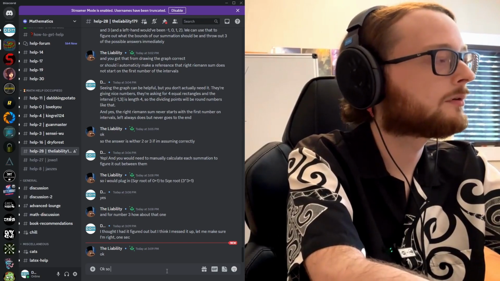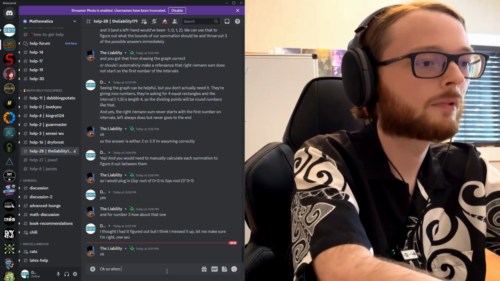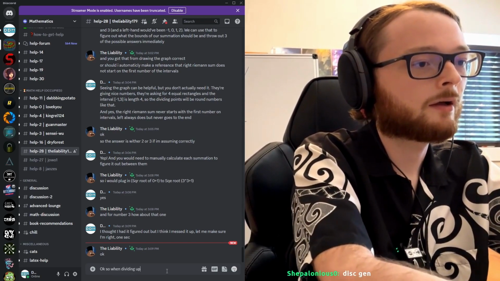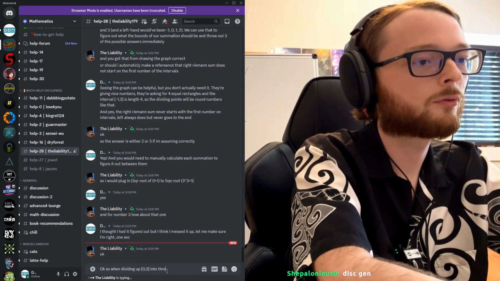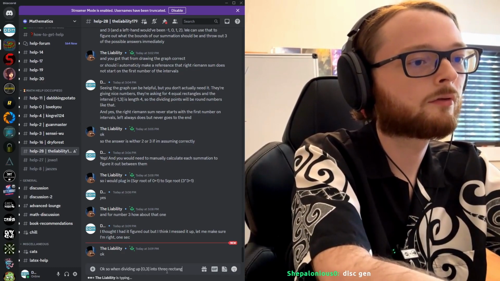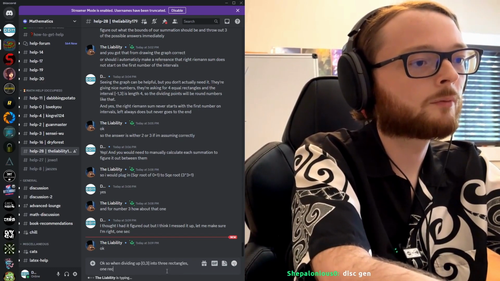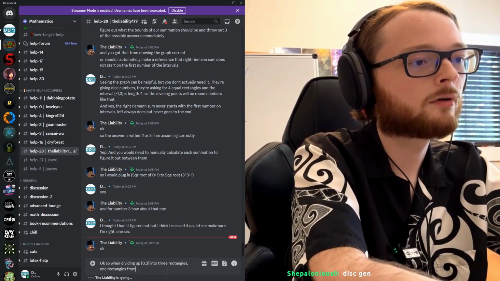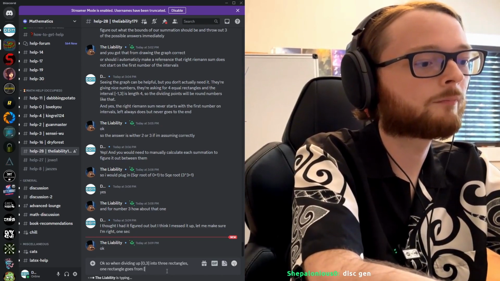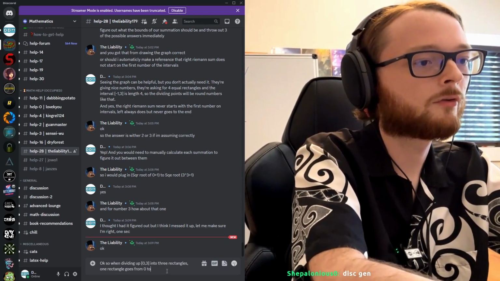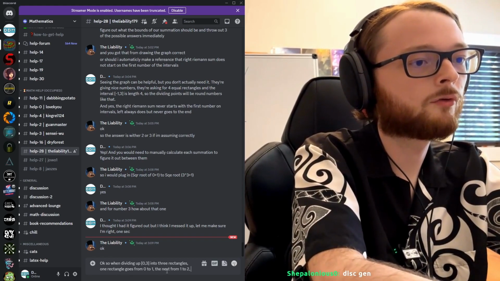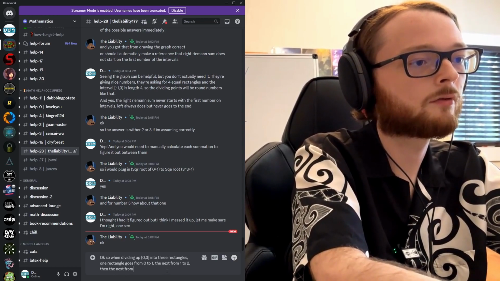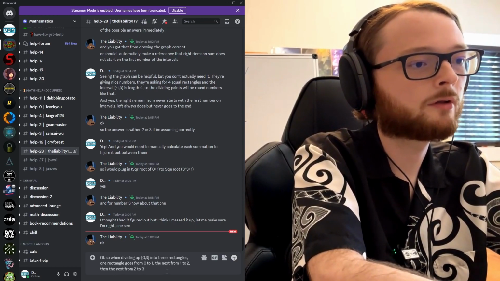Okay, so dividing up 0 to 3 into 3 rectangles. One rectangle goes from 0 to 1, the next from 1 to 2, and the next from 2 to 3.